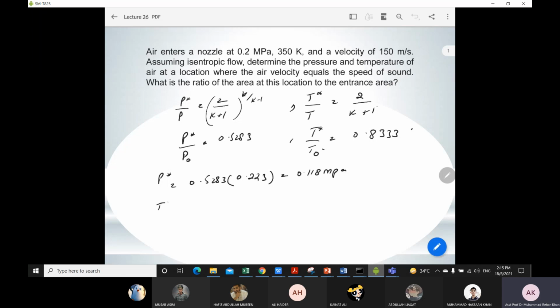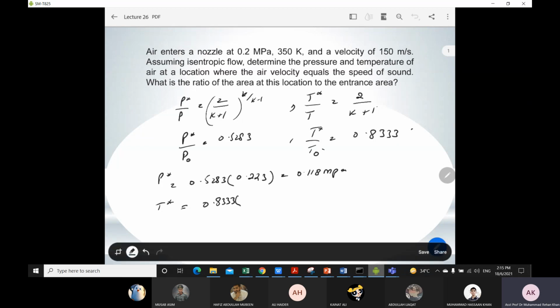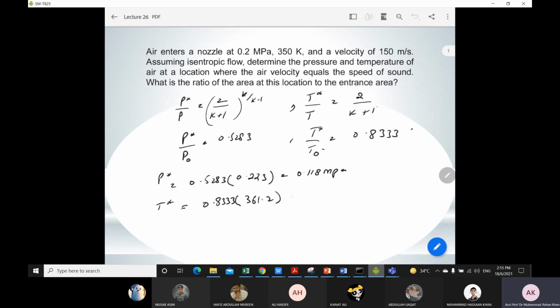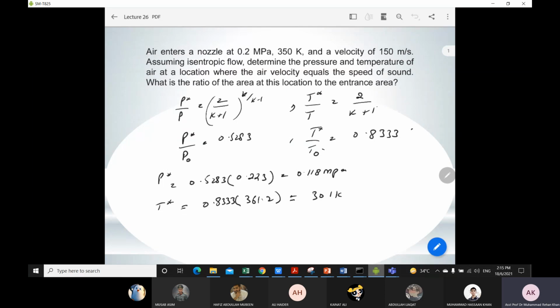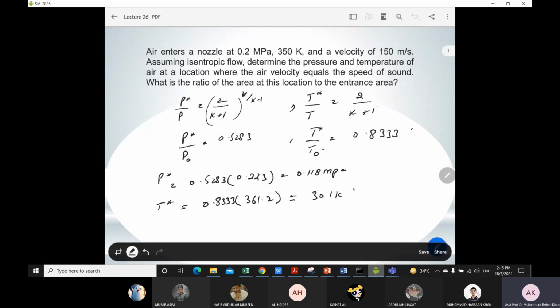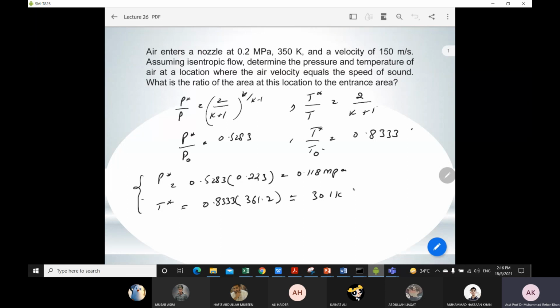Similarly, we find T star, which is equal to 0.8333 multiplied by your stagnation temperature, 361.2, and here we get T star as 301 Kelvin. So now these two parameters required in the problem statement, the pressure and temperature at the location where air velocity is equal to the speed of sound, are known to us.